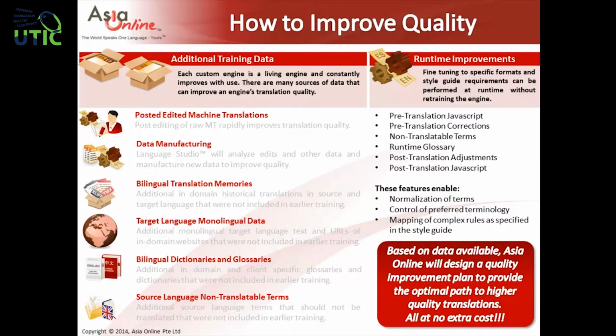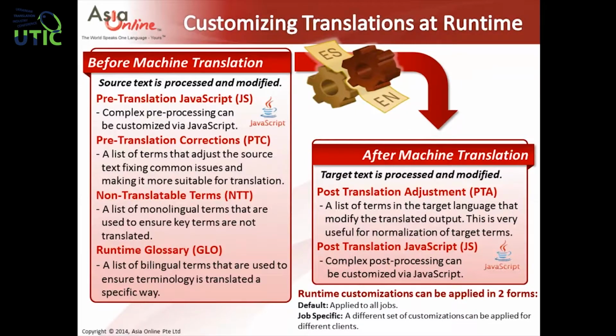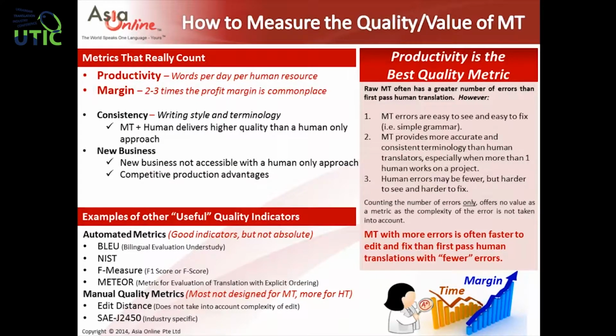And this is where you really should be spending your time, rather than trying to get the data clean, which experts can do for you. And this is just a little bit more detail on some of the controls that are available that can be applied to machine translation engines.